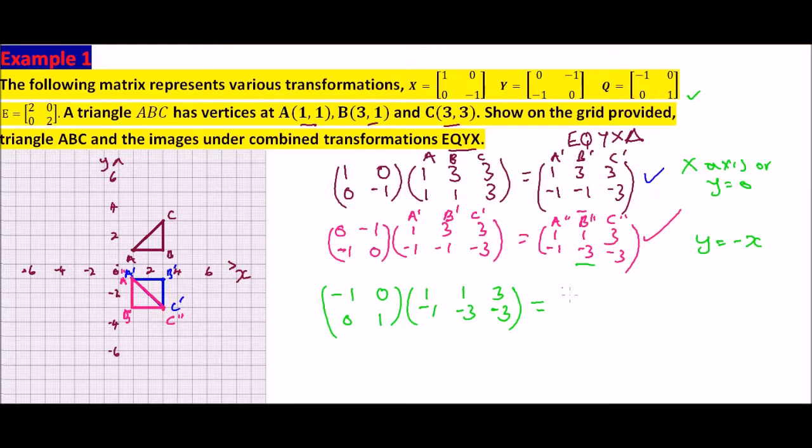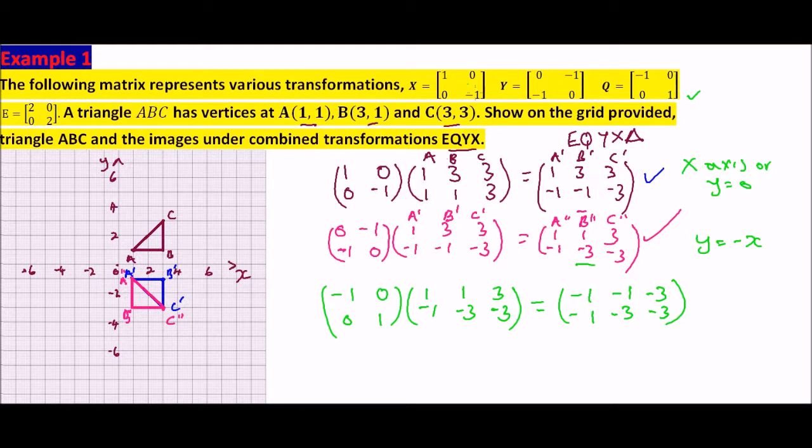So we will generally introduce a minus sign to that row, which is minus 3. Then we have 0 times 1, and 1 times minus 1. The row will remain the same, so it is minus 1, minus 3, minus 3. So that is our figure that we will add as the image.